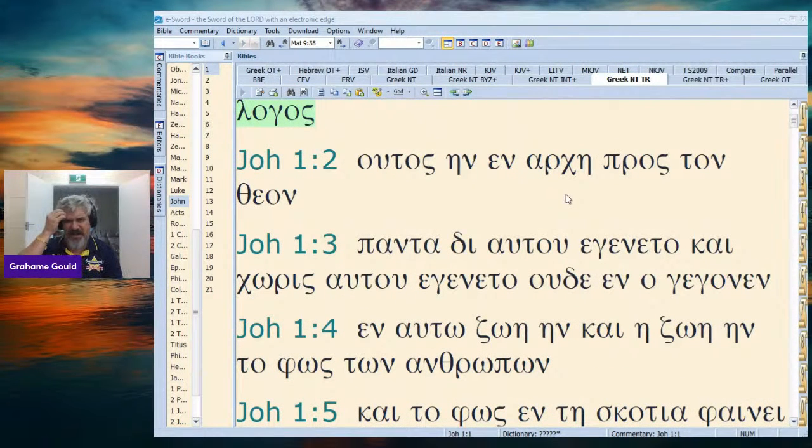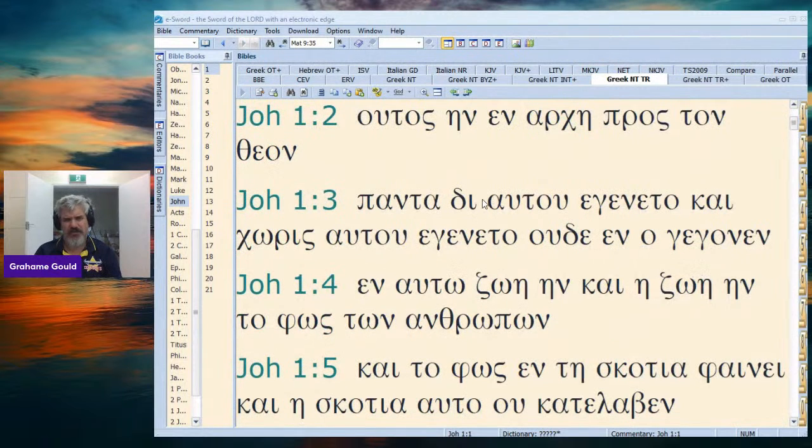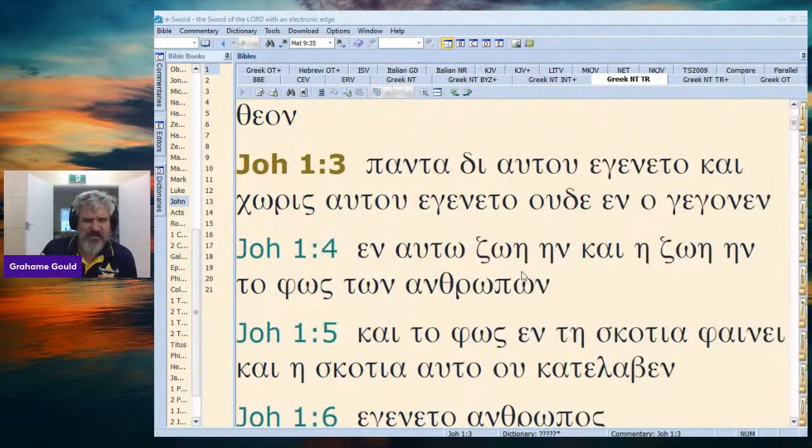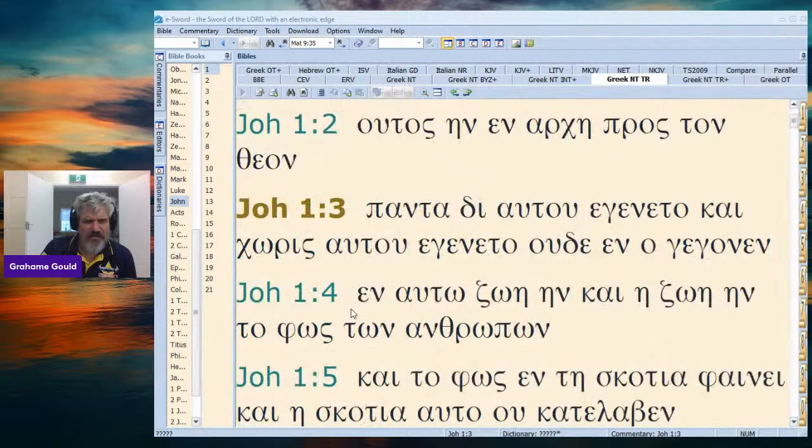Houtos ein en arche pros ton theon. Panta di autou egeneto kai chorus. I need to keep still working on my guttural. Still haven't got it perfectly. Autou egeneto oude en ho gegonen. Chorus. Sometimes that comes easily, sometimes not so easily.